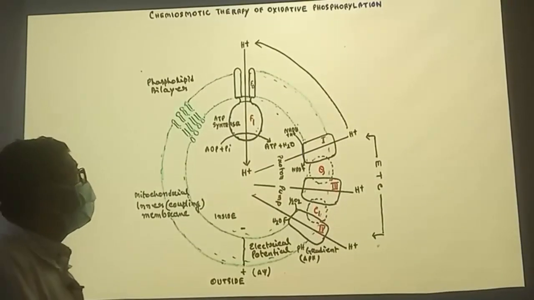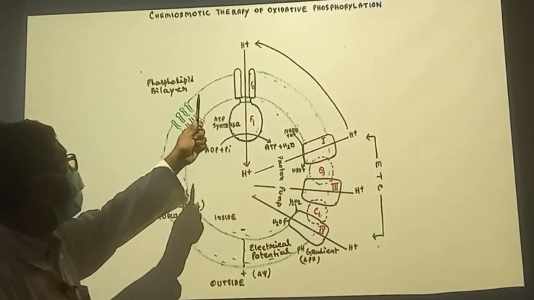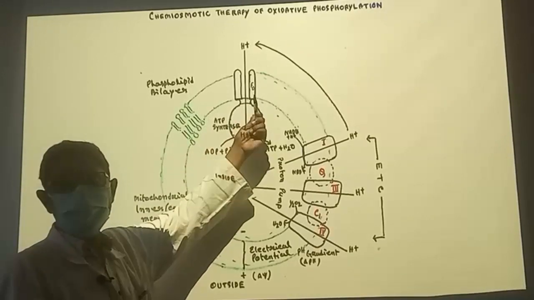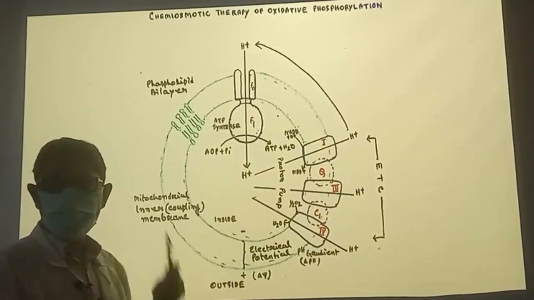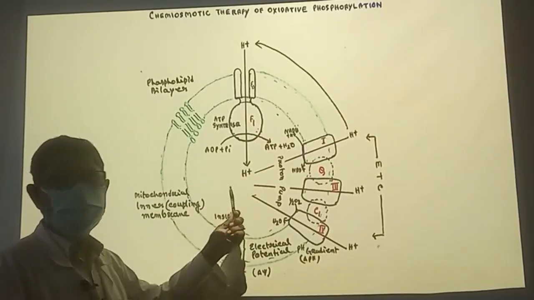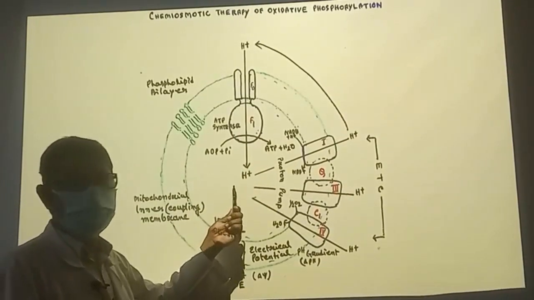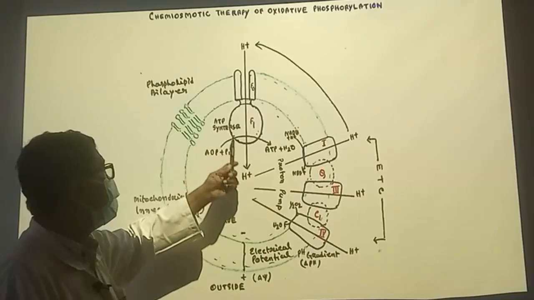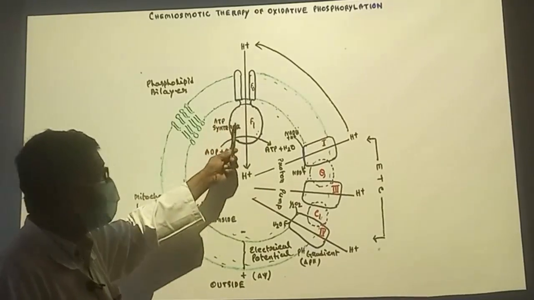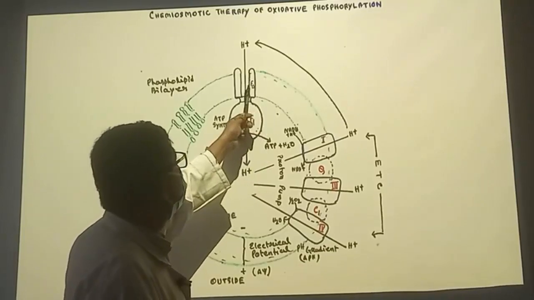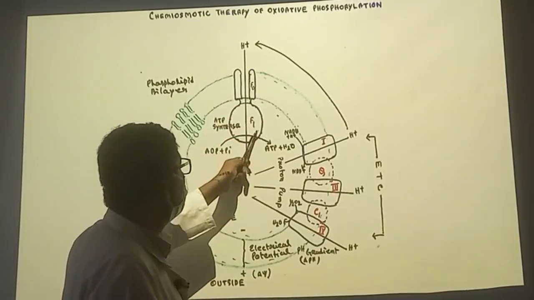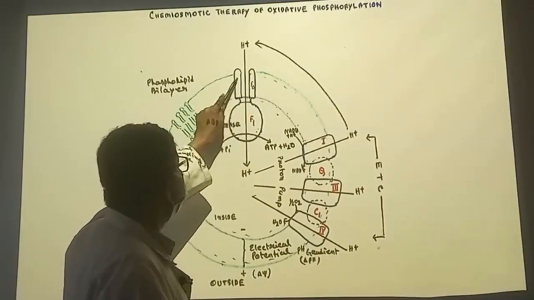So there is only one area where this proton can pass through again to the matrix, and that area is known as the ATP synthase complex. This is the F0 component, this is the F1 component of the ATP synthase complex.